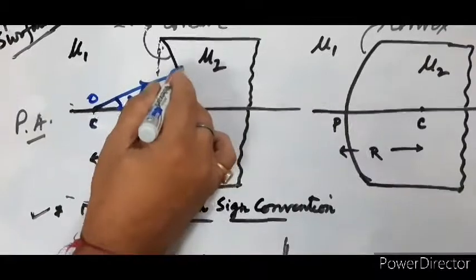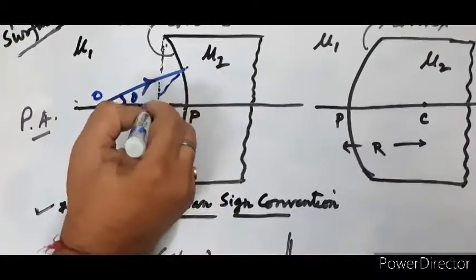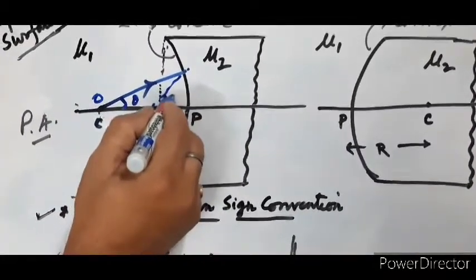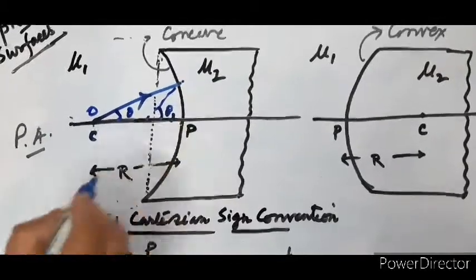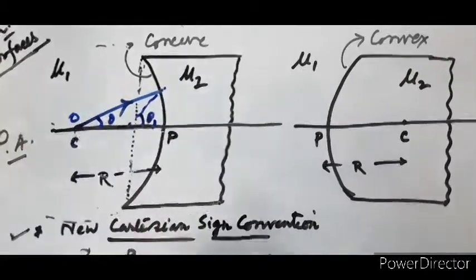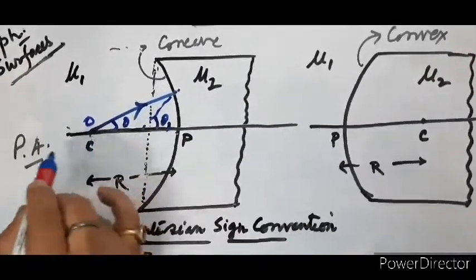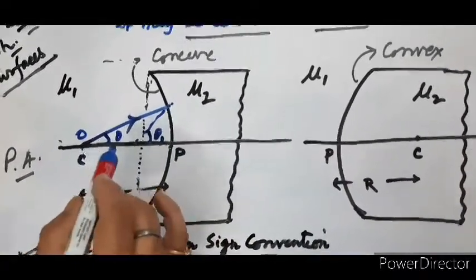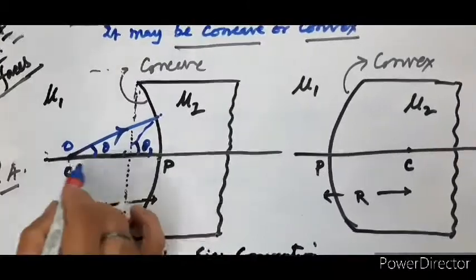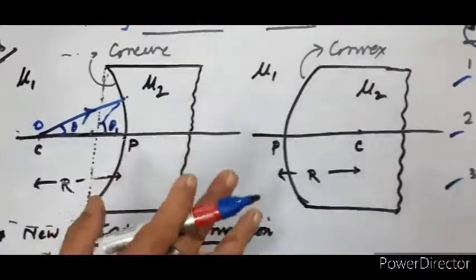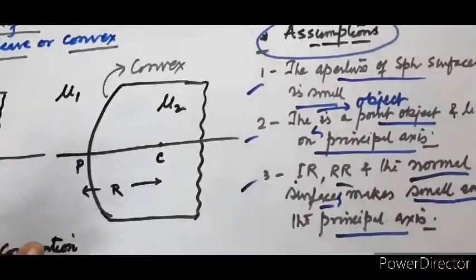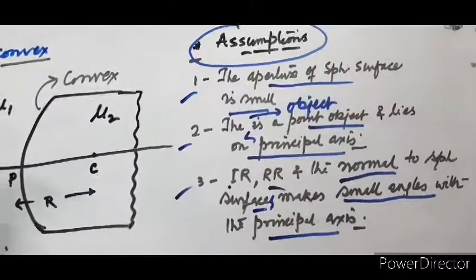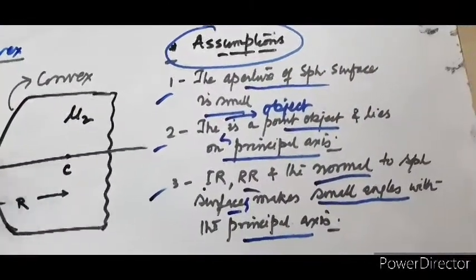The normal drawn here also makes a very small angle, say theta 1. So the angles made by the incident ray, refracted ray, and normal to the spherical surface with the principal axis are very small. On the basis of these assumptions, we have to derive the expressions or the formula.